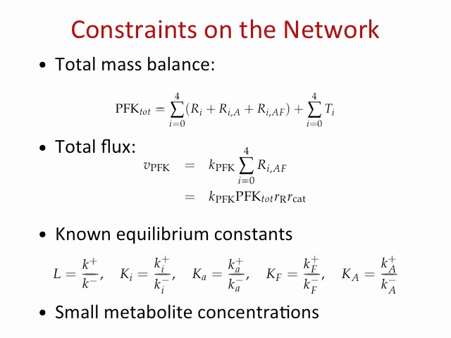As I mentioned, we can measure the total amount of enzyme, and all the forms have to sum up to that total. The total flux will be the turnover rate times all the intermediate states that have both the substrates on it. And at the bottom, there are the equilibrium constants of binding, and these will be known.